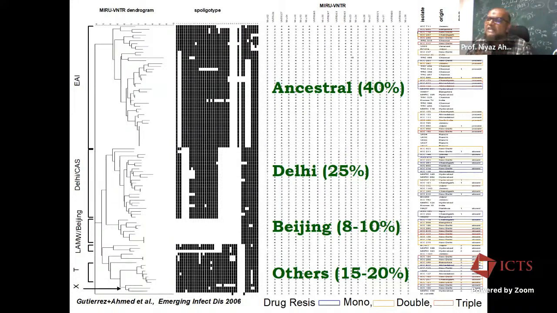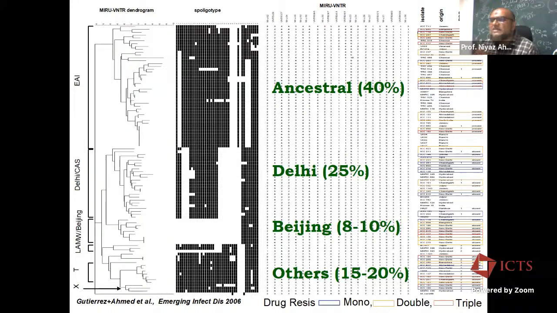And we found that the ancestral Indian lineages are somewhere around 40% in India. On the contrary, there are modern lineages such as Delhi type and the Beijing type and other types like East African, Mediterranean, and so on. They are very modern, with a high propensity to evolve into drug-resistant forms, whereas the ancestral strains may not have that high a propensity to evolve into drug resistant forms.